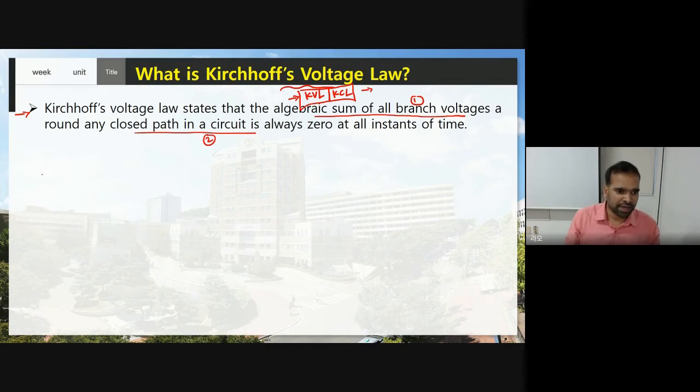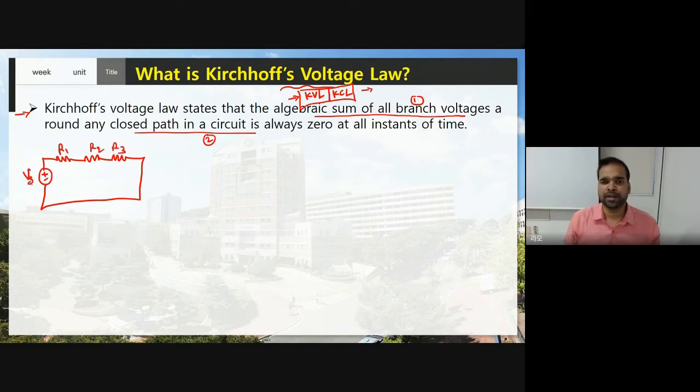Here I have given one simple circuit, which consists of 3 resistors and one voltage source. These are resistors R1, R2, R3, and this is my voltage source Vs. First you need to understand whether we can apply KVL to the given circuit or not.